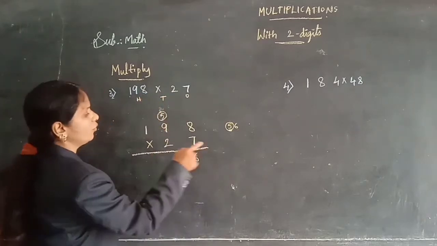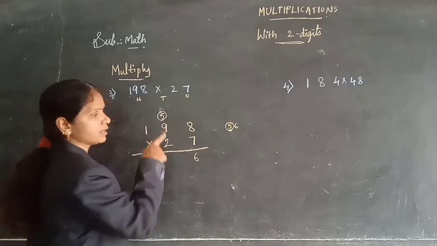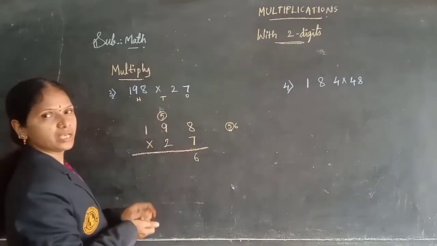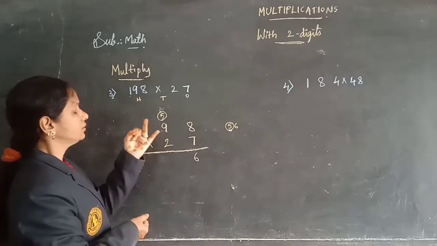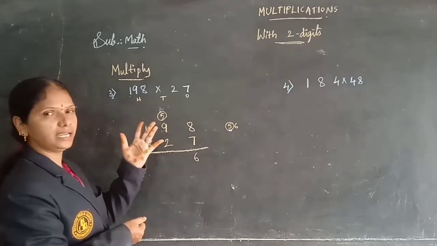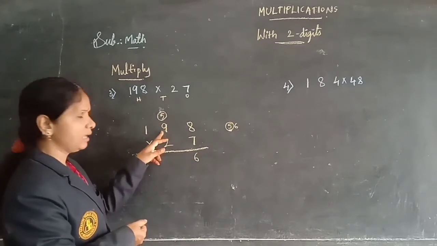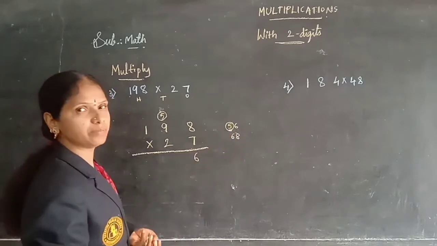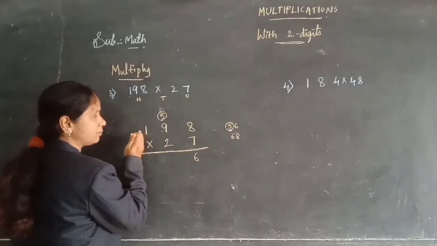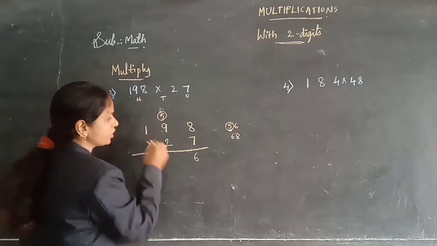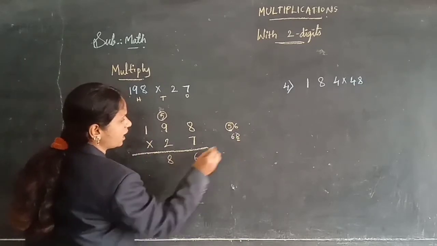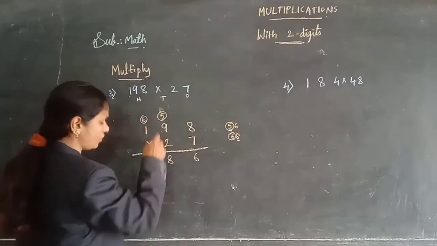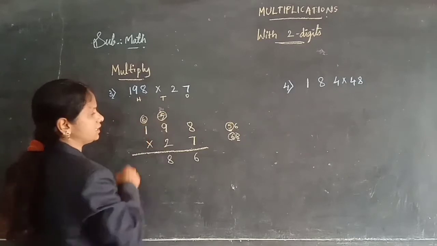Now 7 9s are 63. 63 plus 5, 64, 65, 66, 67, 68. 68 means again a 2-digit number, and we have the next place also to take the carry. So here 8 I am writing, and this 6 I am taking as a carry. And here addition is over on this carry, so you can cancel it.